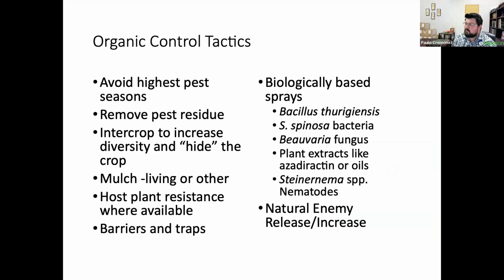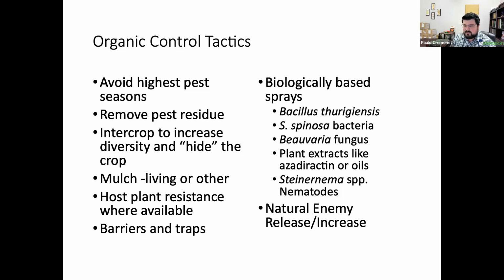And organic control tactics that you can use: avoid highest pest seasons, remove pest residues. Sanitation is really important. Intercrop to increase diversity and hide the crop so the insects will be attracted to some other non-cash crops. Mulch, living or other.